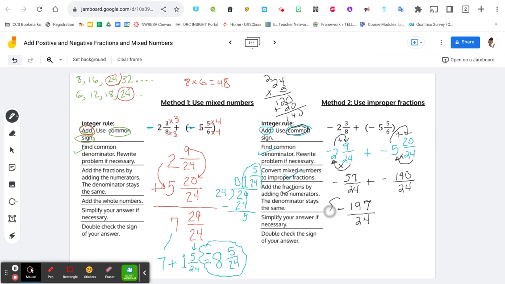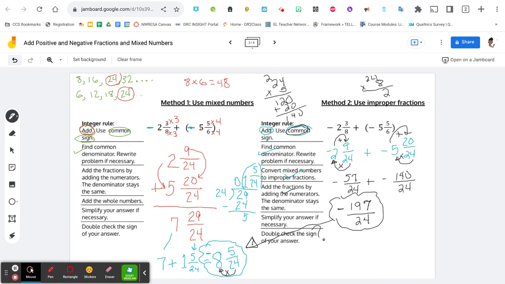Now here's the question. Is this the same thing as that? Well, remember, we can convert a mixed number to an improper fraction by going 24 times 8. So let me do that off to the side. If I take 24 and I multiply it by 8, 4 times 8 is 32.